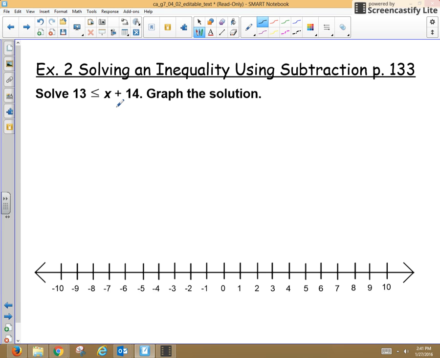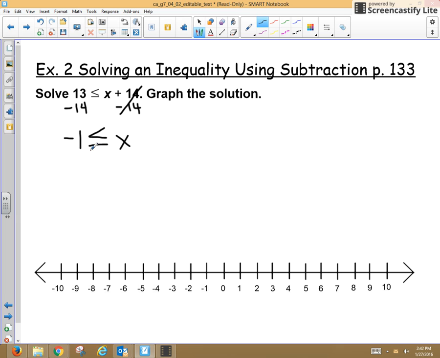So I'm going to do the inverse operation, which would be to subtract 14 from both sides. The subtraction property of inequality says that if I subtract the same number from both sides, the inequality is still true. So 13 minus 14, when you combine those, it's -1. -1 is less than or equal to x.